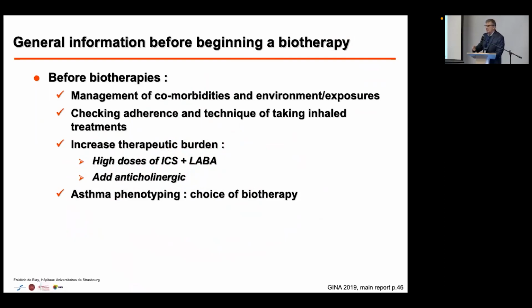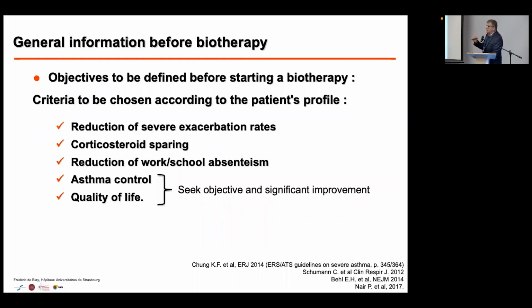Is it an allergic asthma? Is it an allergic asthma and eosinophilic asthma? Is it a non-T2 asthmatic patient? You need also, and it's very important, to be very clear about the objective that you want to obtain with your biotherapy. Because biotherapy is very expensive, so you need to know what you really want to do with that.